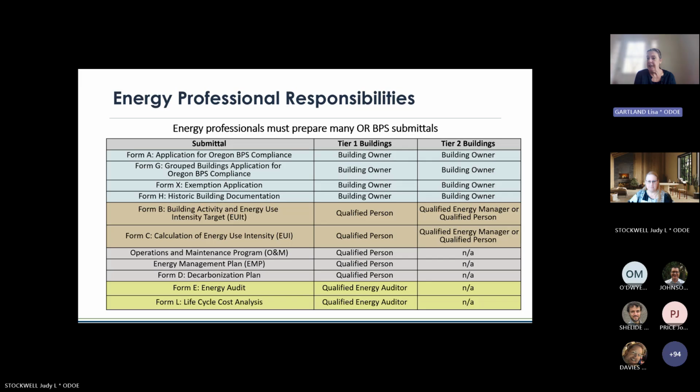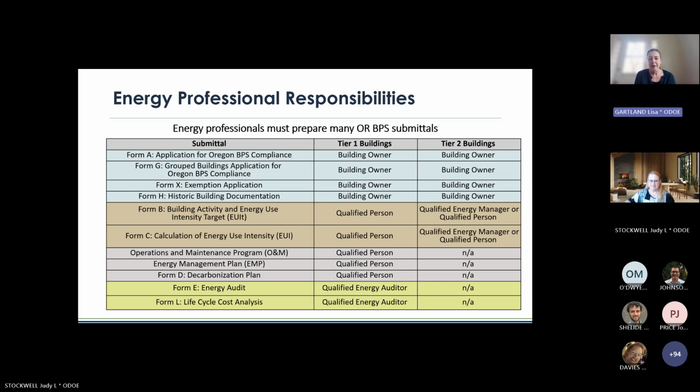Tier 2 buildings can have either the qualified energy manager or the qualified person fill them out. Tier 1 buildings, the larger buildings, need a qualified person. And we will talk about qualified person as a more experienced and certified professional.